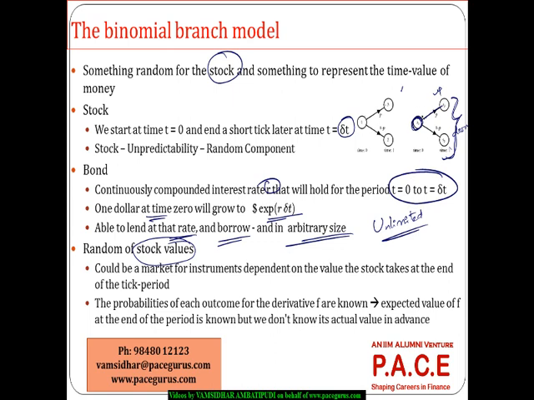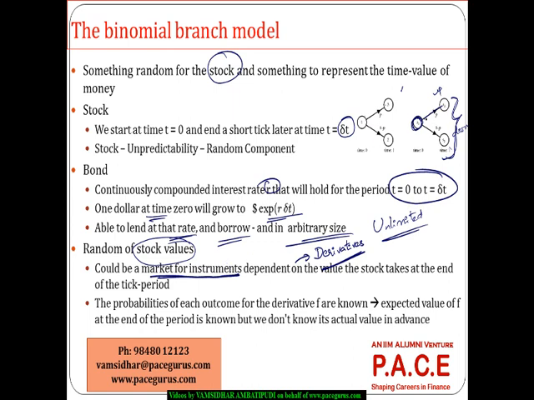The only thing is, because of this uncertainty, there is a market for instruments whose values depend on the stock price at the end of the period. That is where the derivatives come in, to reduce the uncertainty of the stock price at the end of that particular delta t period. These instruments have been created, which are typically your derivative instruments.